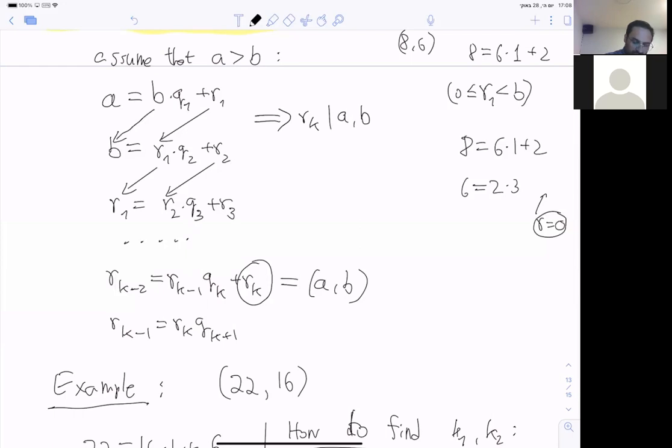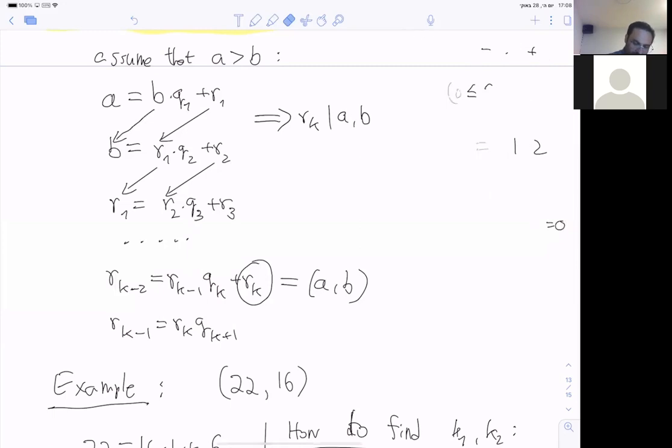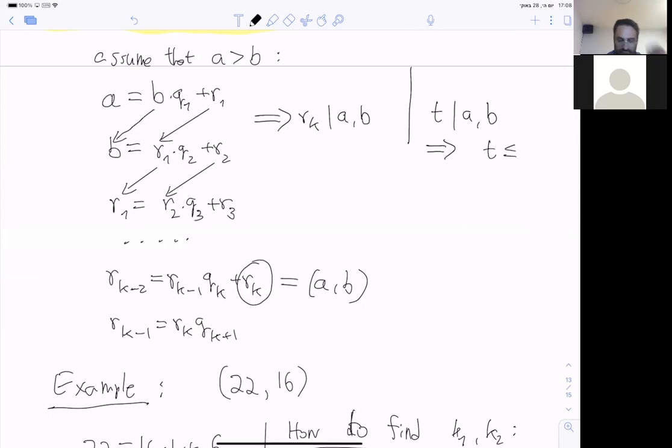The second thing that we want to show is that if you have another integer that does it, I mean, if you have also t, then necessarily t will be smaller or equal to this Rk.